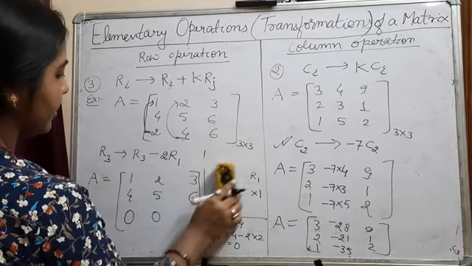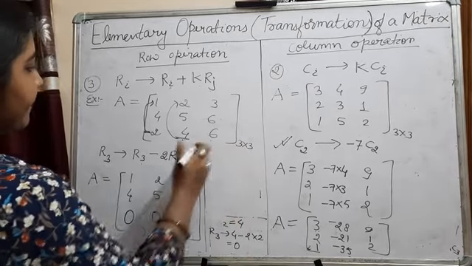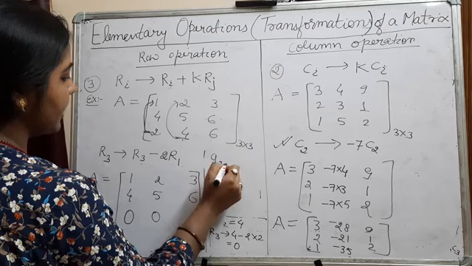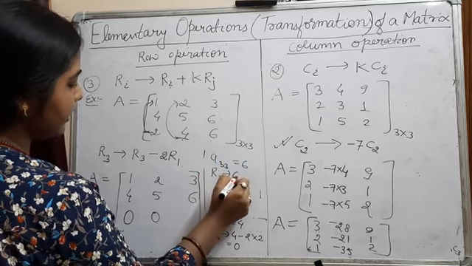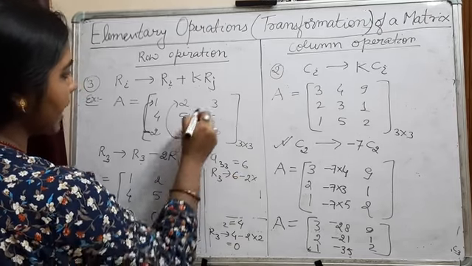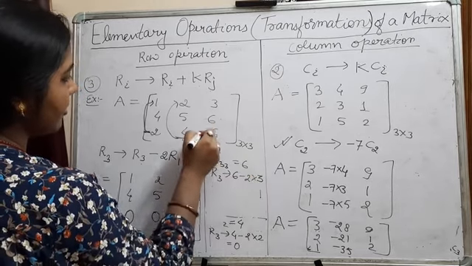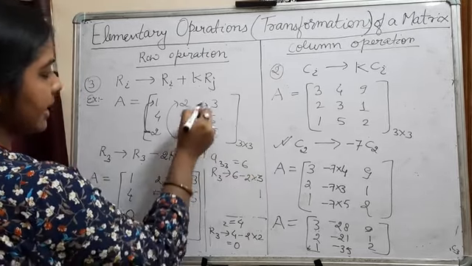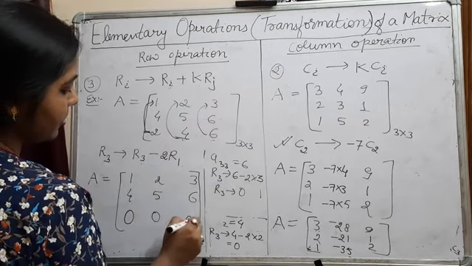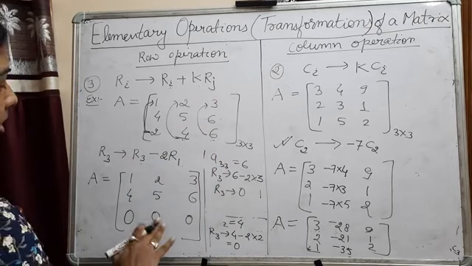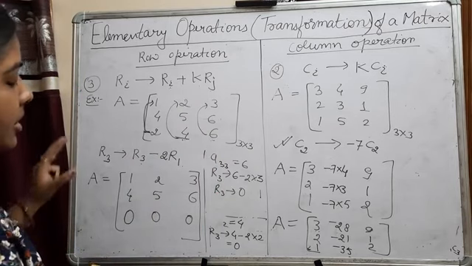Similarly, third, A33 is here 6. We apply R3 tends to R3 minus 2 into R1. R1 for this 6 is 3. So finally we are getting 0. So this is the third elementary operation.